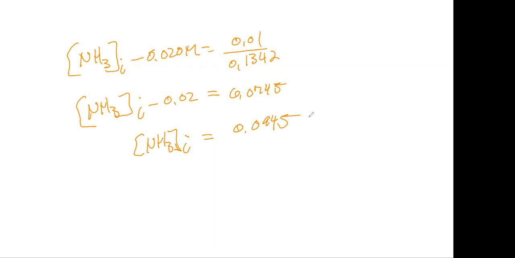And so this is our concentration for our initial NH3. And since there's 1 liter of it, then we get 0.095 moles.